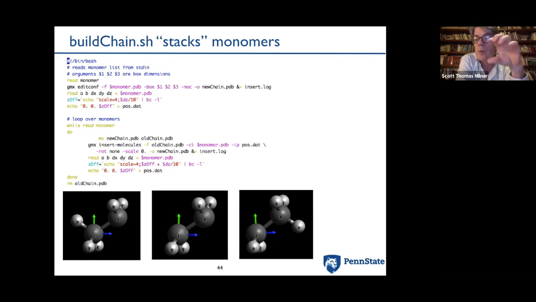And the individual PDB files for those monomers have had their labels changed in such a way that when you stack it up, it's in exactly the right order for PDB to GMX to work on. So it's little things like that that you have to do because there's no tool that's like, build me a polymer and make a topology file for it. This is the solution that we've come up with for doing that kind of thing. So that little script you'll use in this example.